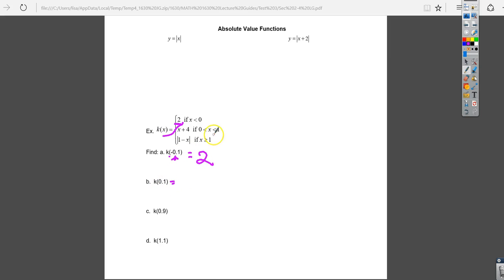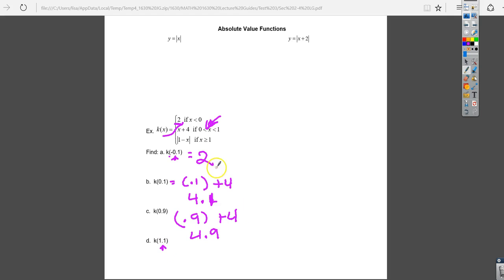This one, 0.1, is this one. So I have to use this, so I'm going to put 0.1 in place of x, plus 4, and that's where I get 4.1. 0.9 would be, again, in this one, and I have to put it in place of x, and that's where we get 4.9.